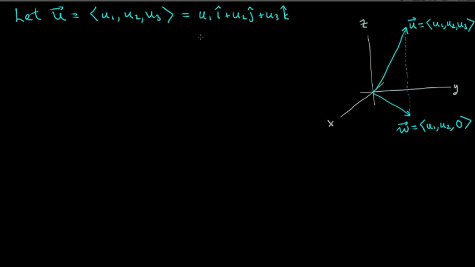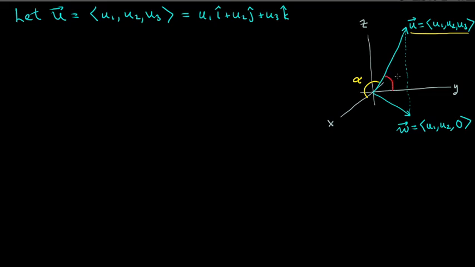Okay, so that helps. But now the question is, what are the angles between the original vector u and, say, the x-axis? So the angle between the vector u and the x-axis is just some angle. So I'm going to give it a name. I'm going to use the Greek letter alpha for that angle. And then we can talk about the angle between u and the y-axis.